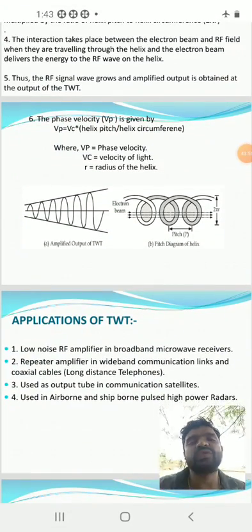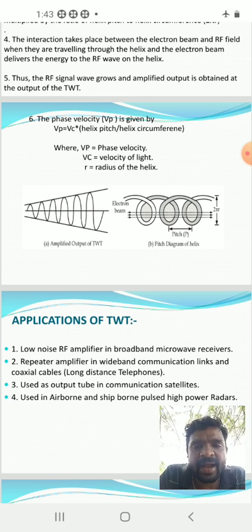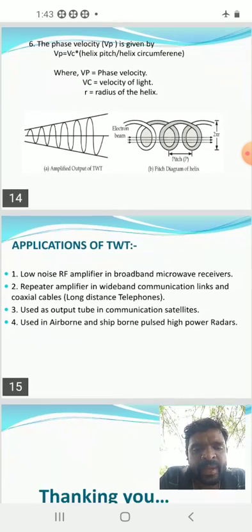The diagram shows the helix, the amplified RF output signal, the helix construction and the amplifier output of the traveling wave tube.